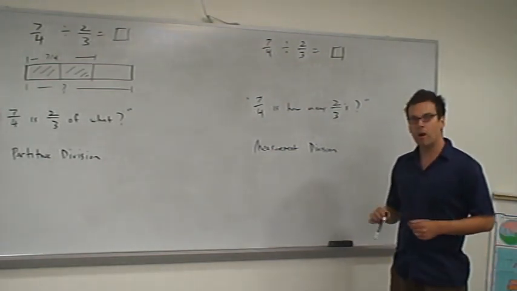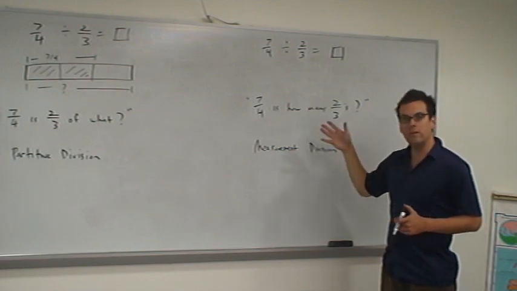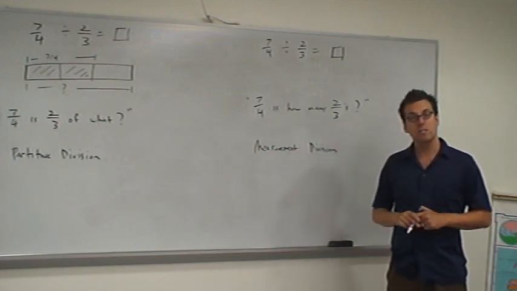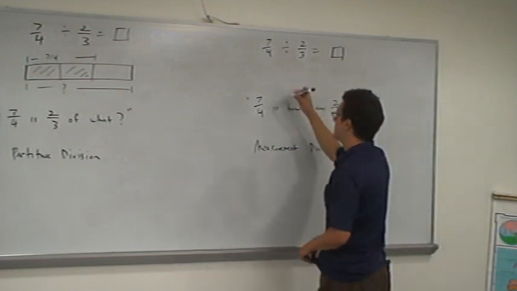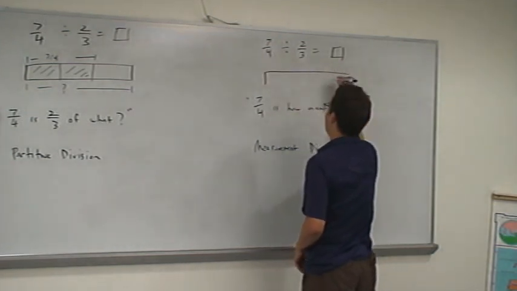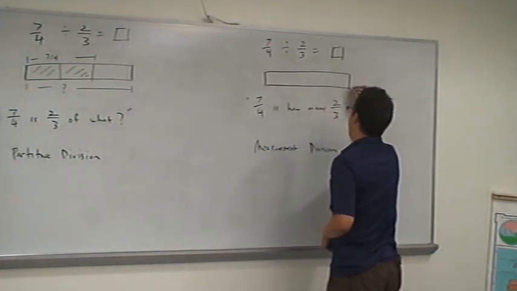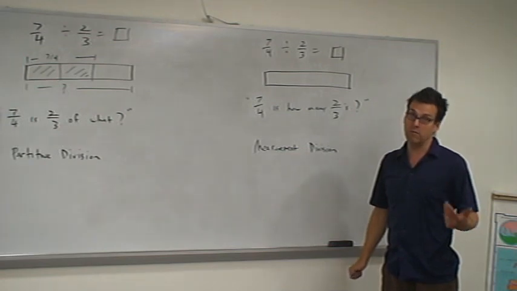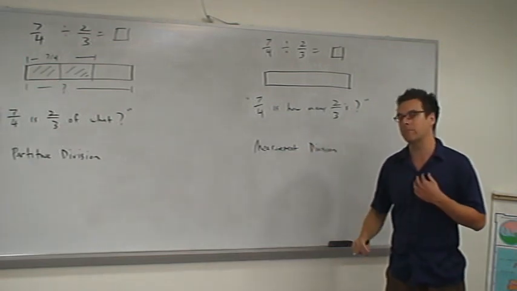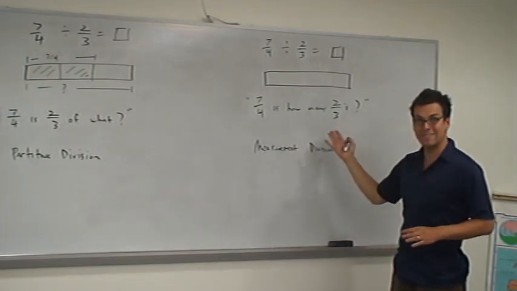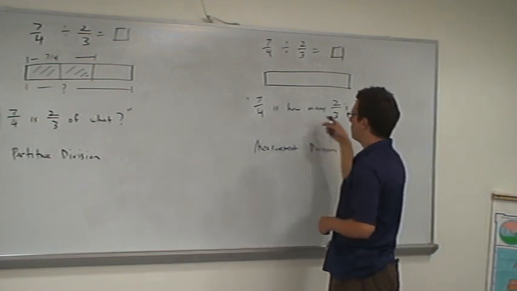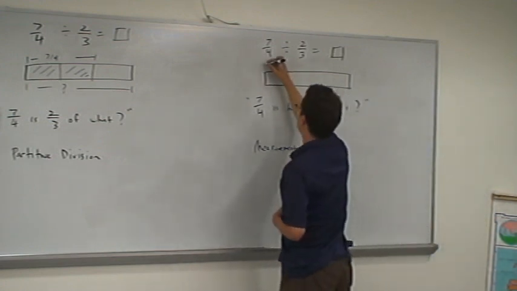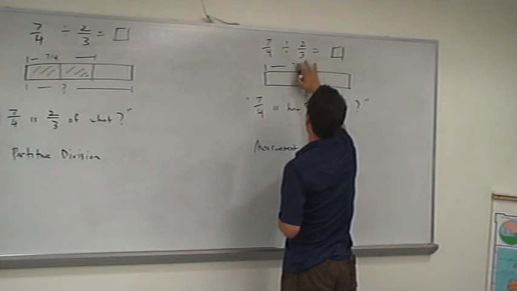And as we did with the partitive example, we don't need to know a lot about fractions to be able to draw this picture. In fact, this picture is going to look exactly the same as the measurement division picture involving whole numbers. We can't quite say the same thing for partitive division, but we can say this for measurement division. 7/4 is how many 2/3? We would draw this by labeling the entire bar 7/4.